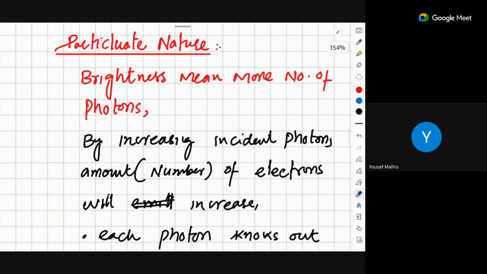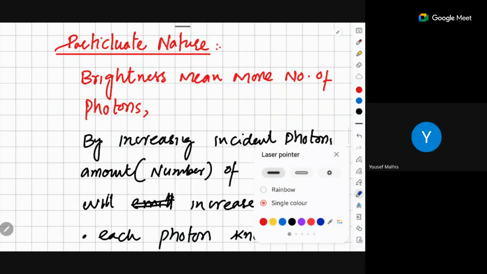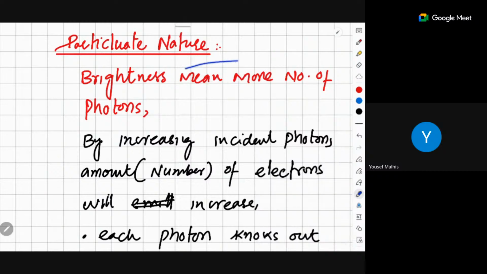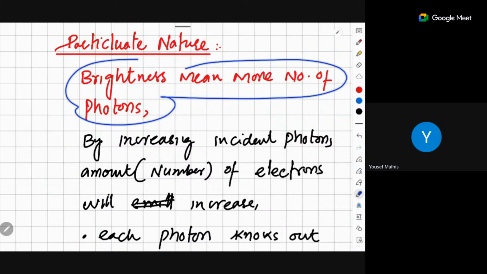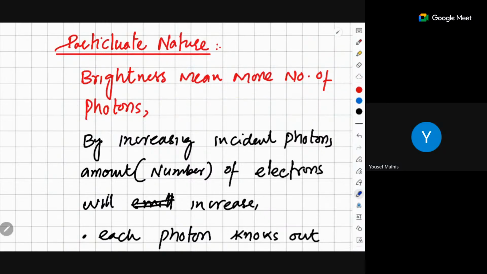What was the evidence in the particulate nature? Actually, in particulate nature, the scientists were of the opinion that brightness means more number of photons incident. Did you ever hear someone say today the rain is of very high intensity? The intensity of the rain is very high. Did you ever hear this?